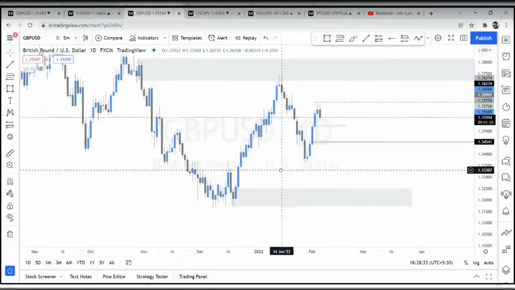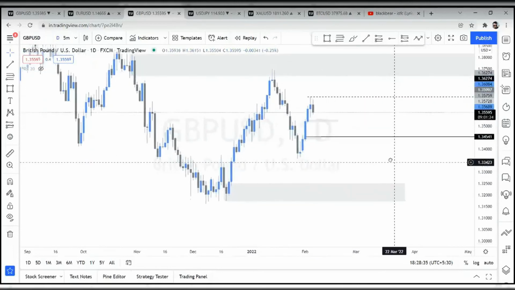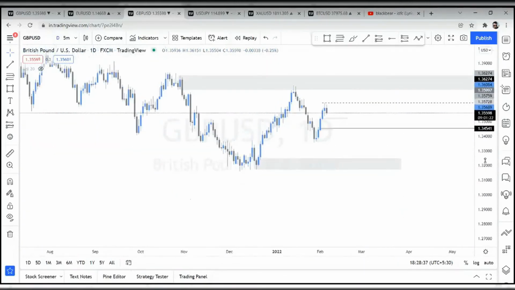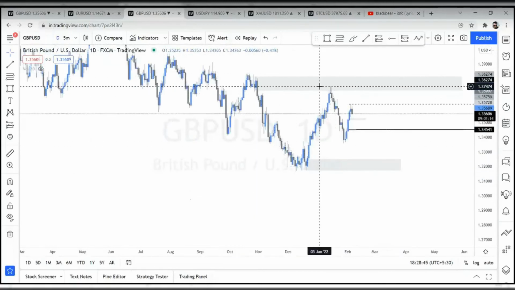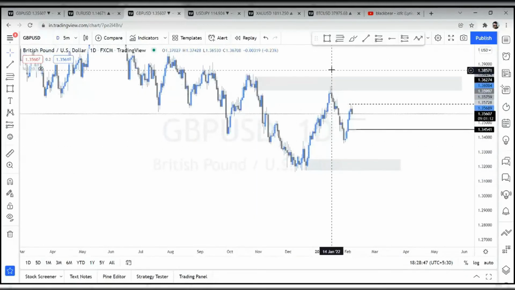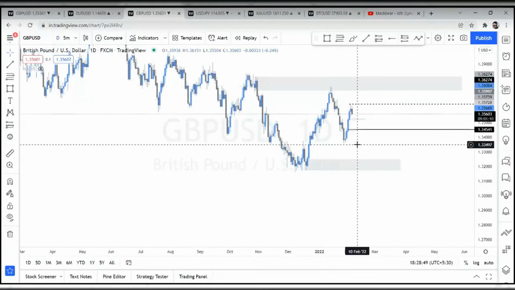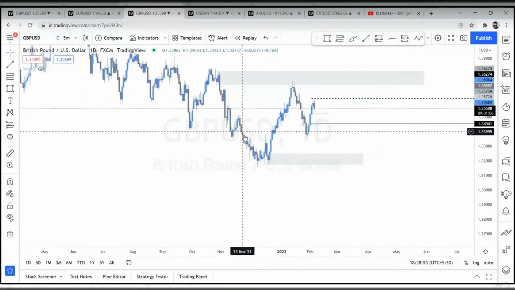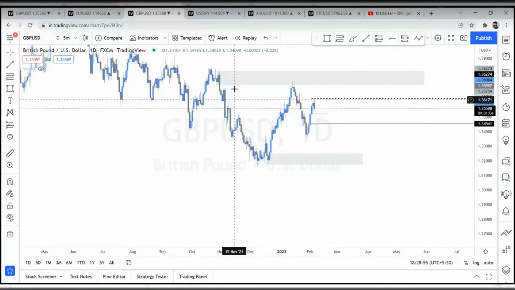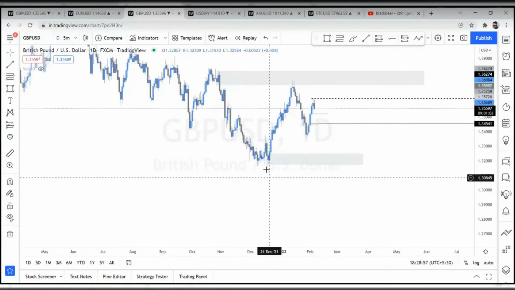So what are we expecting? Can we still expect price to come here? Yes, because why? This move did not break here. If it had broken the structure here, then on the retrace we could have been looking for a buy. But instead, this broke the structure here. So this is a liquidity where price wants to go.